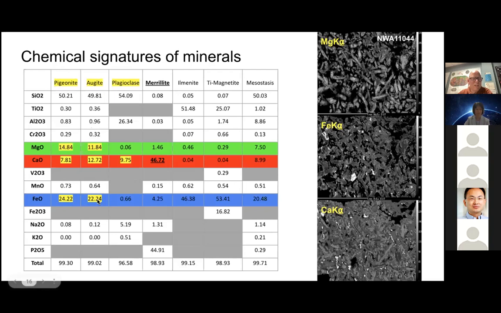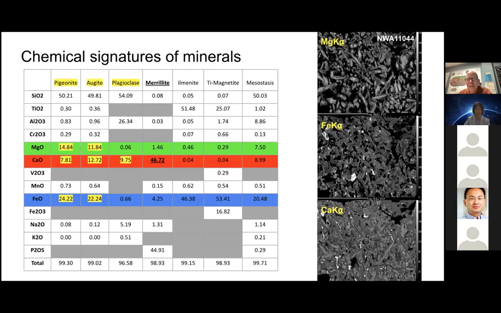We also see that these two minerals are enriched in the elements iron and magnesium. And so if we look at these different maps showing magnesium, iron, and calcium, we can see that the pyroxenes stick out like sore thumbs based on their magnesium and iron concentrations.